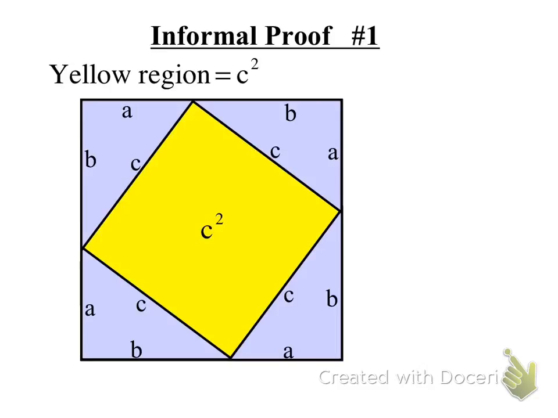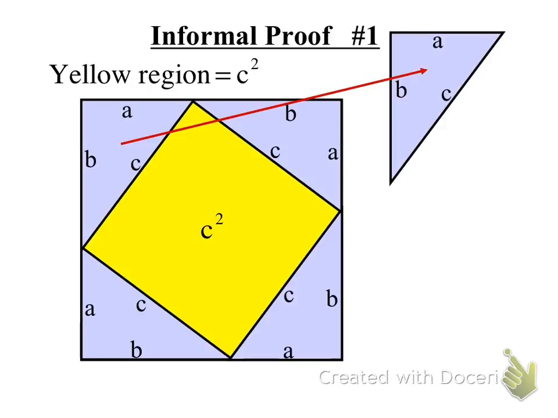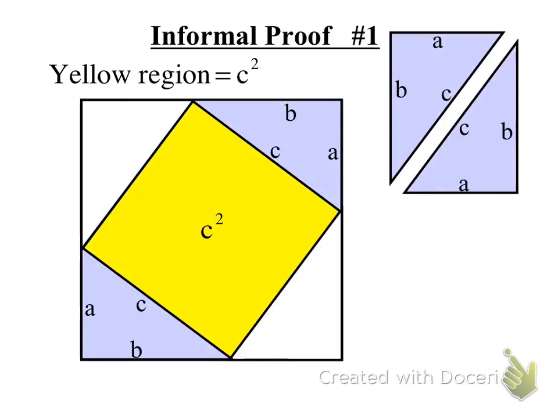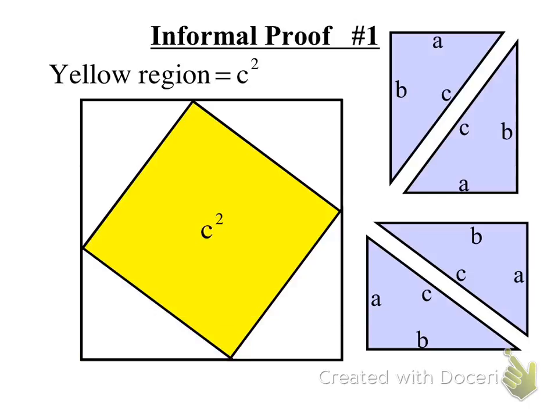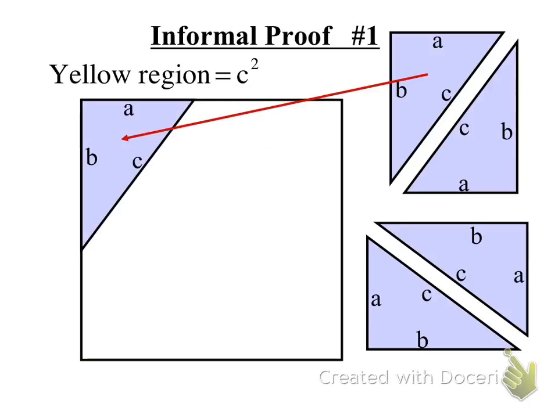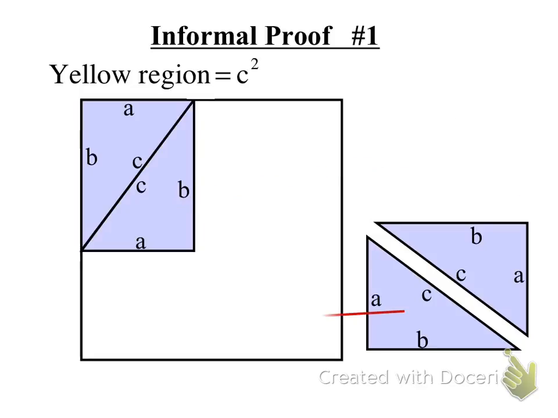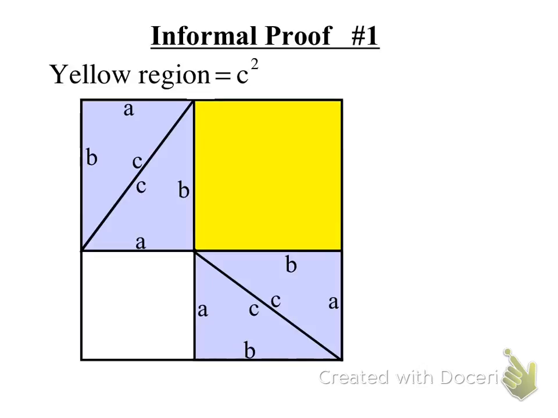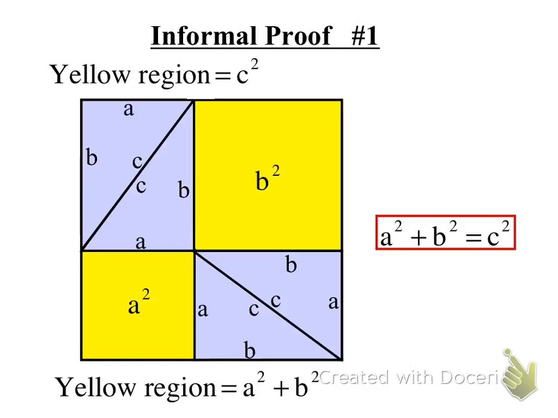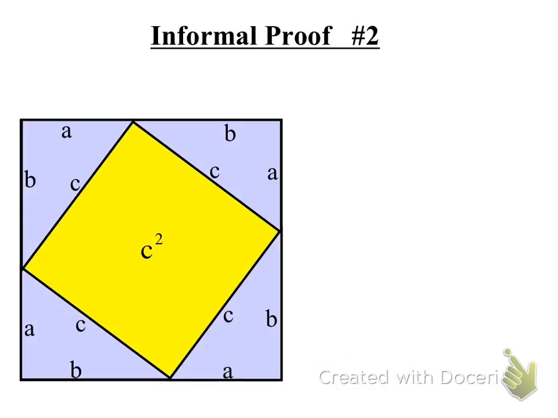We pulled all the triangles out, and then we put them back in a different shape, different order. And then we found that same yellow area now became also a squared and b squared. So when we added them up, a squared plus b squared still equals that c squared.